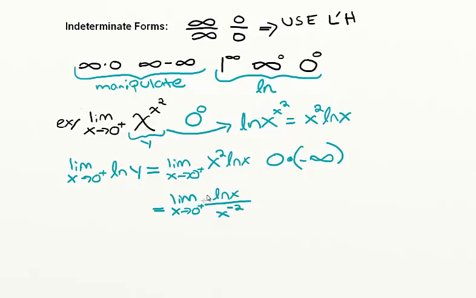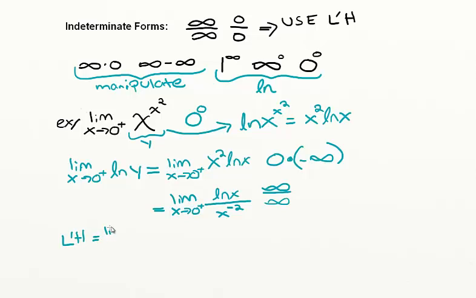Alright? So that way we brought our x squared into the bottom, but by adding that negative in the exponent, we're not changing the actual problem. Okay, so this is still the same thing. Now as x approaches 0 from the right, this is going to be infinity over infinity. So now we can apply L'Hopital's rule.